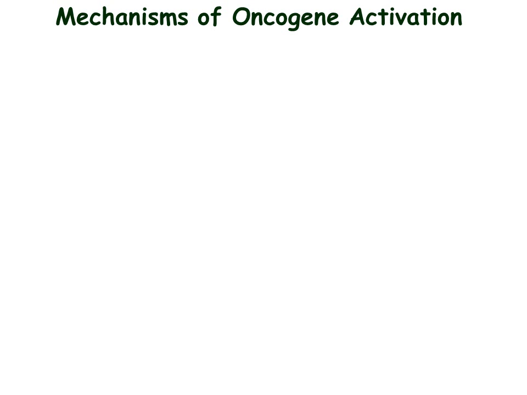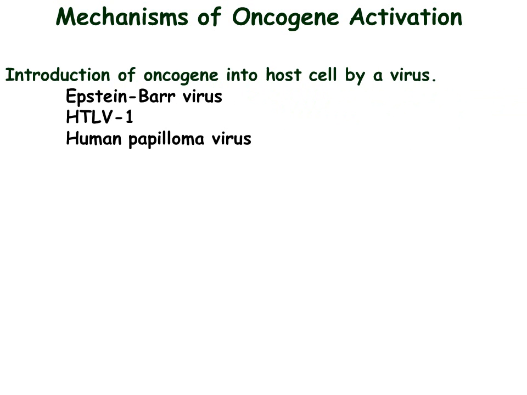So how do oncogenes get activated? Well, they can get activated when a virus brings in an oncogene. What we usually call them is viral oncogenes, or V-oncs. And typically a virus will have picked it up from a previous host cell, but it's a mutated form of the proto-oncogene, so it's an oncogene.